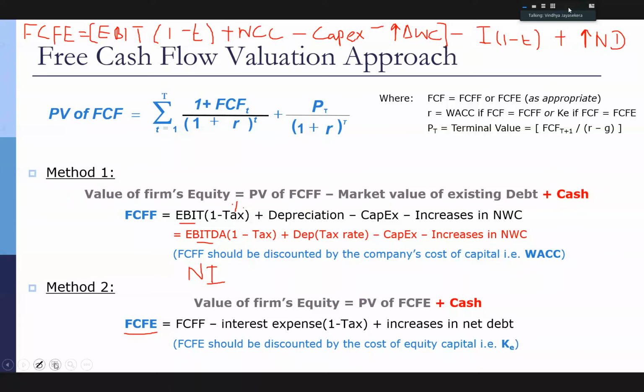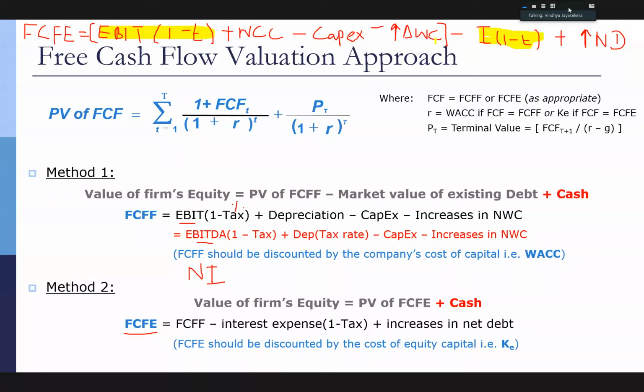Do you see, when I look at this component, EBIT into 1 minus T minus I into 1 minus T. What is that?